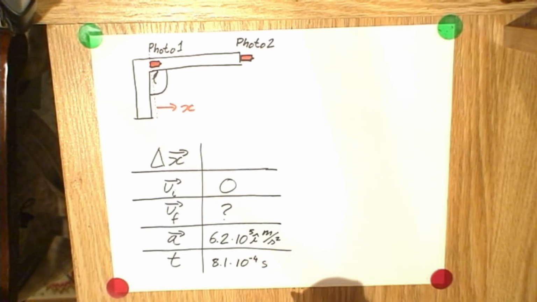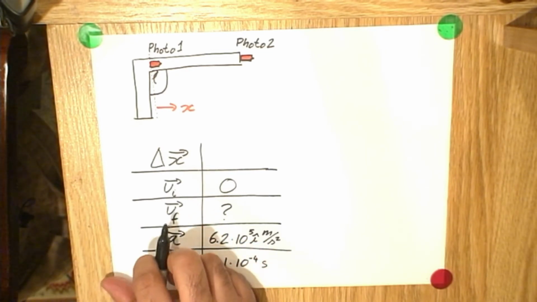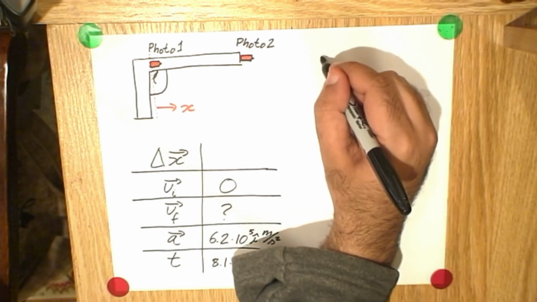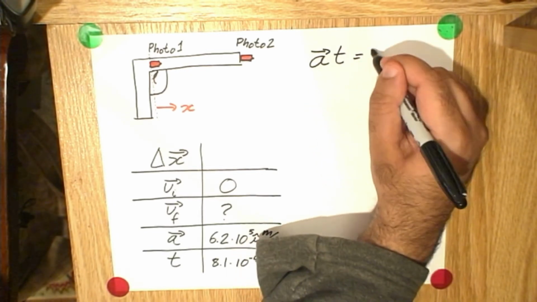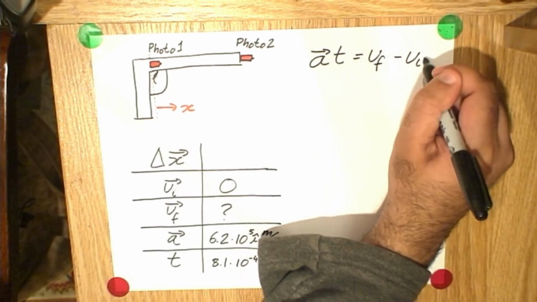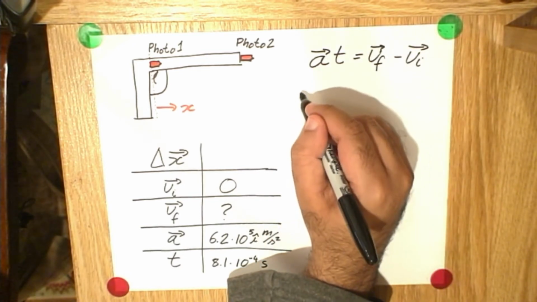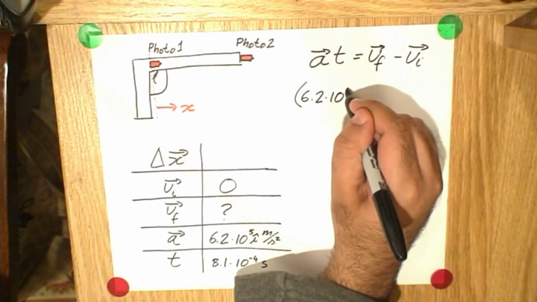So we have two velocities, an acceleration, and a time. There's only one equation that weaves together these four quantities, and that's toolbox equation 1. So the acceleration is 6.2 times 10 to the power of 5.